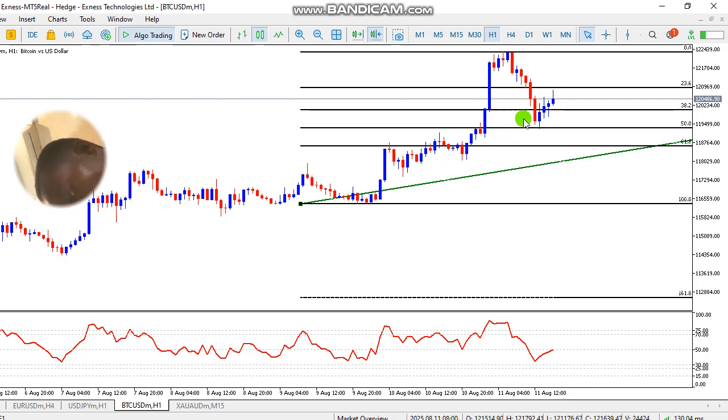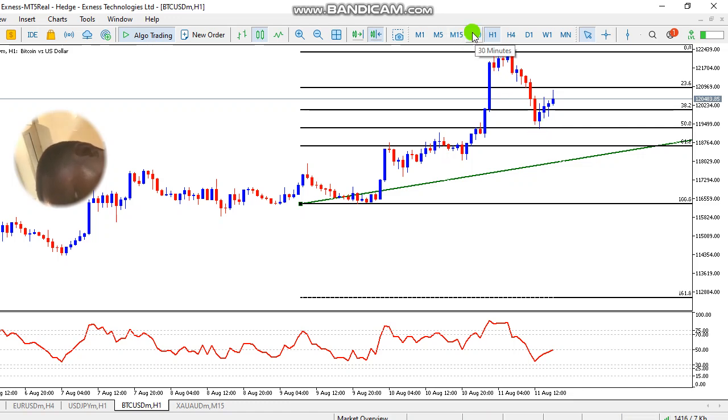After the close of this bullish candle, you enter for the buy side. Then your target should be the resistance area, and you place your stop loss just below the low of the previous candlestick.